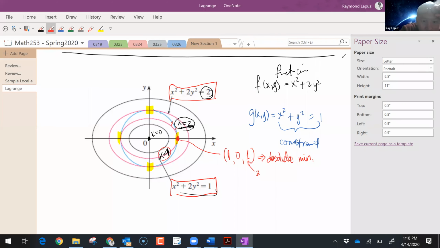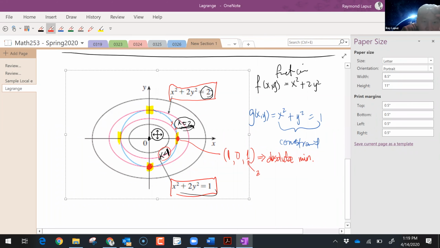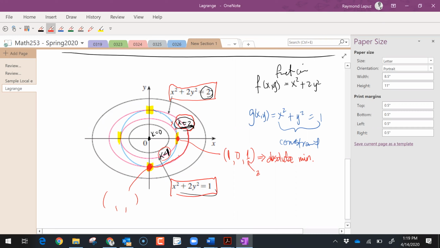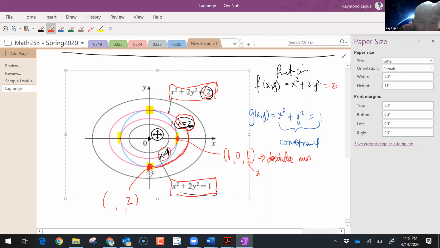Now, let me look at this point here. This point is tangent, so it must be an absolute max or min again. And I can identify that the curve that it belongs to is 2. So that's my z value, right? Because f of x, y is equal to z, and z is equal to 2 at that level. And now I can figure out that at this point, x is 0 and y is -1.